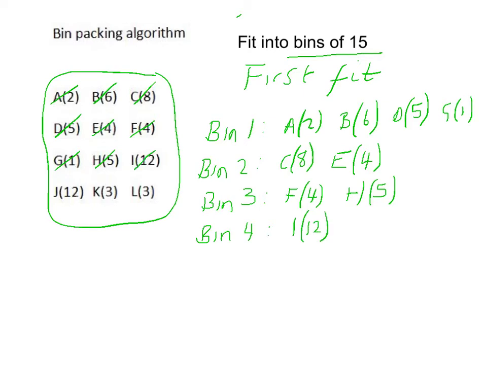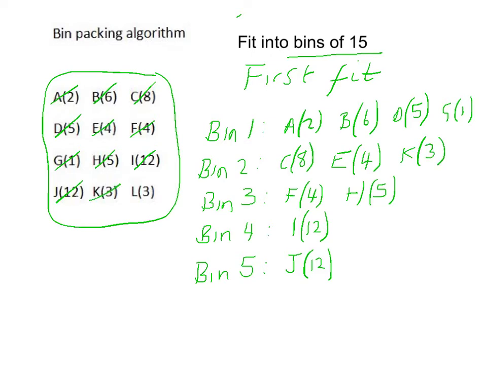J is also size 12, so that's not going to fit into any of the previous bins, so we're going to have to put that into bin 5. Now, K is size 3. We don't have space of 3 left in bin 1, but we can fit it into bin 2. So we fit it in the first possible bin that we can.